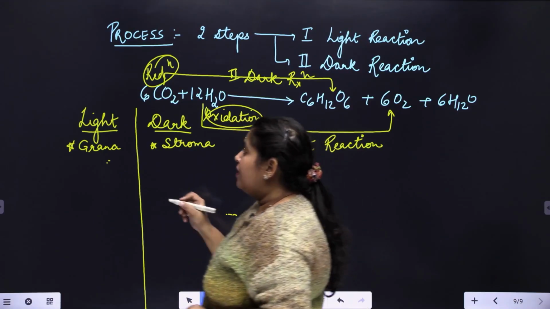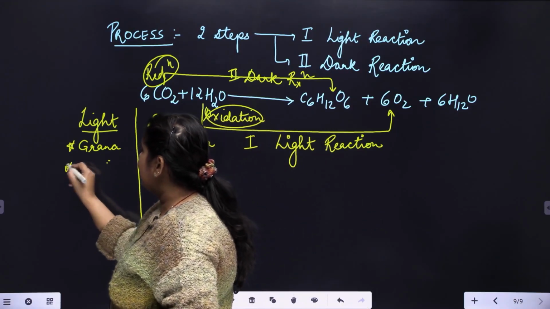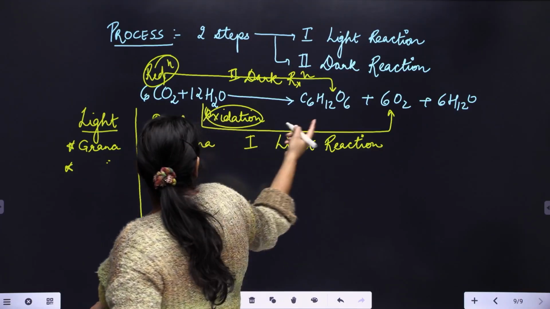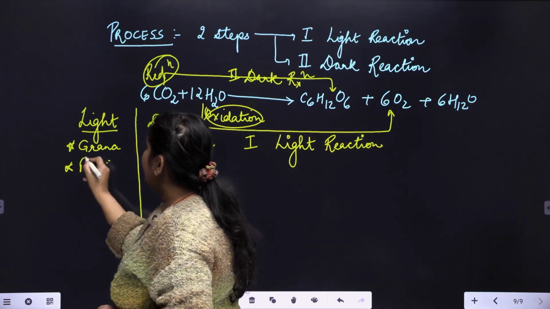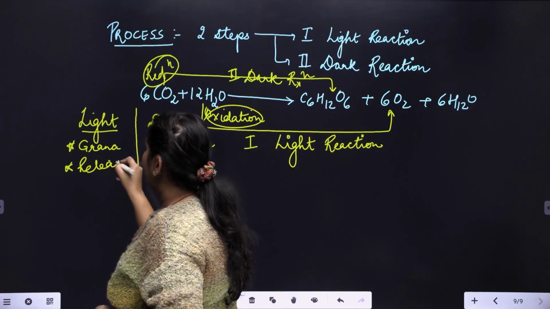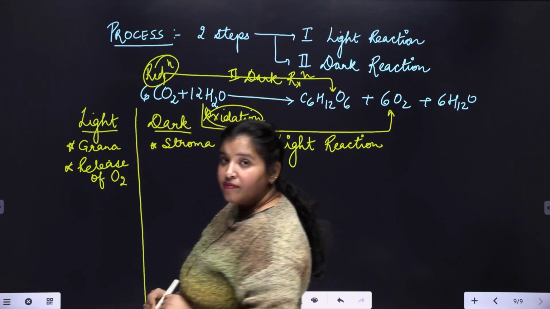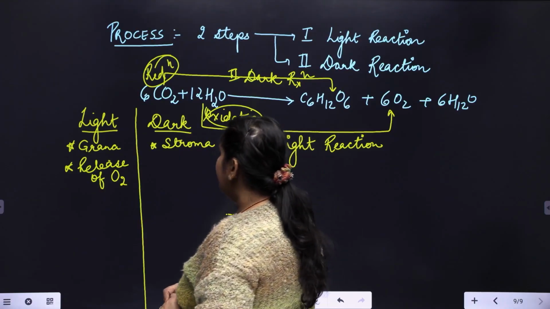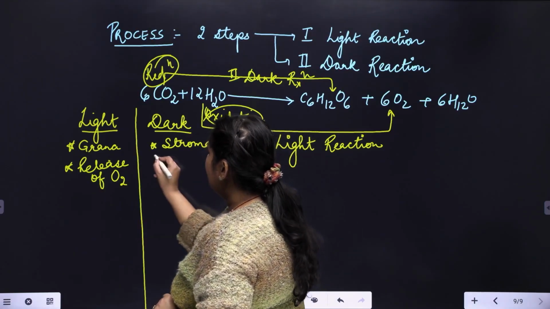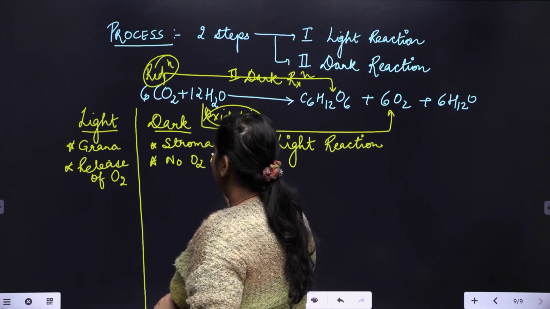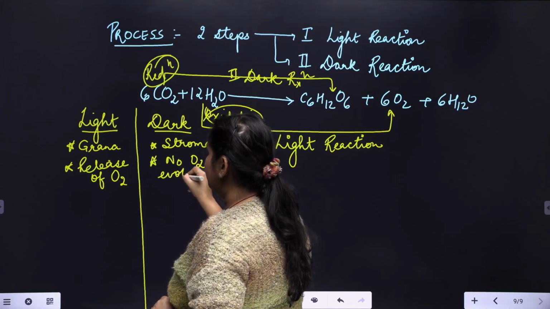All right. The light reaction, when it happens in the grana of the chloroplast, is responsible for splitting of water and release of oxygen, right? Whereas in case of dark reaction, no oxygen is released. No oxygen is evolved.